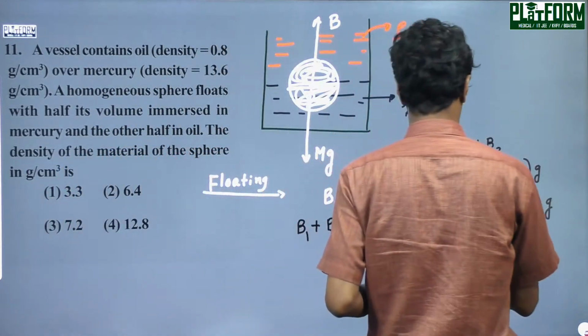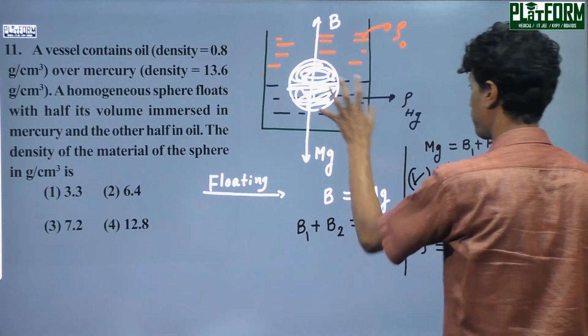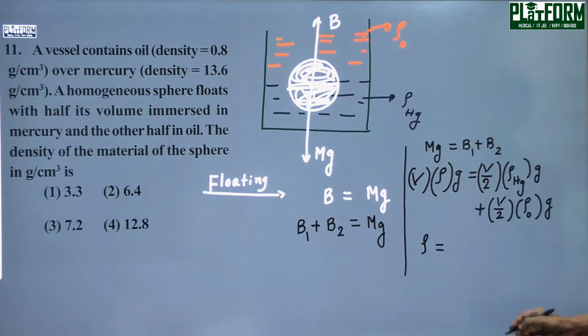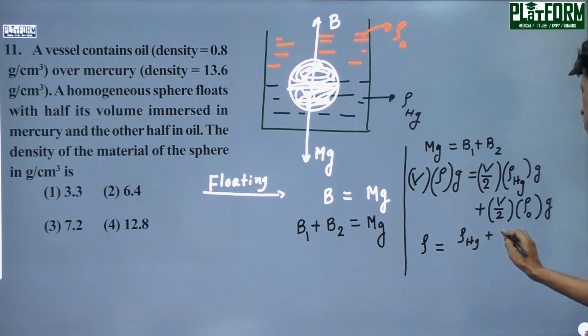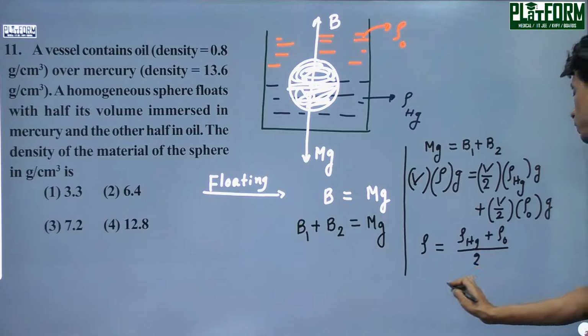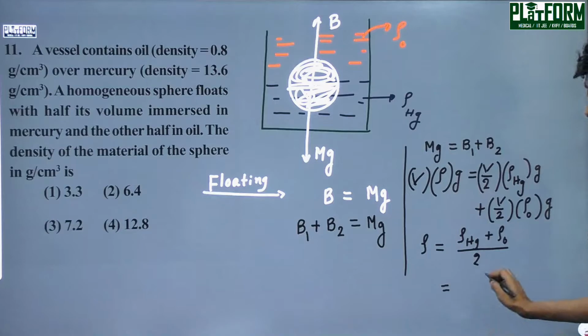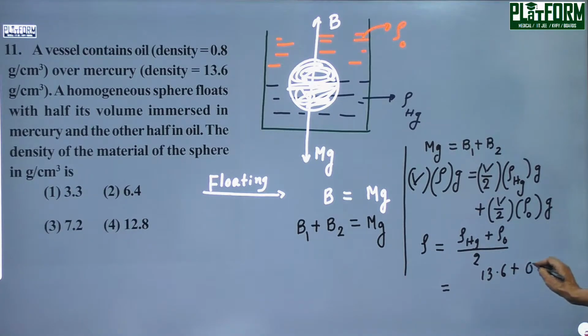We can write it is density rho of the material of the sphere, rho equals rho Hg plus rho naught by 2. Density, you know, 13.6 and density of the oil it is 0.8, by 2.